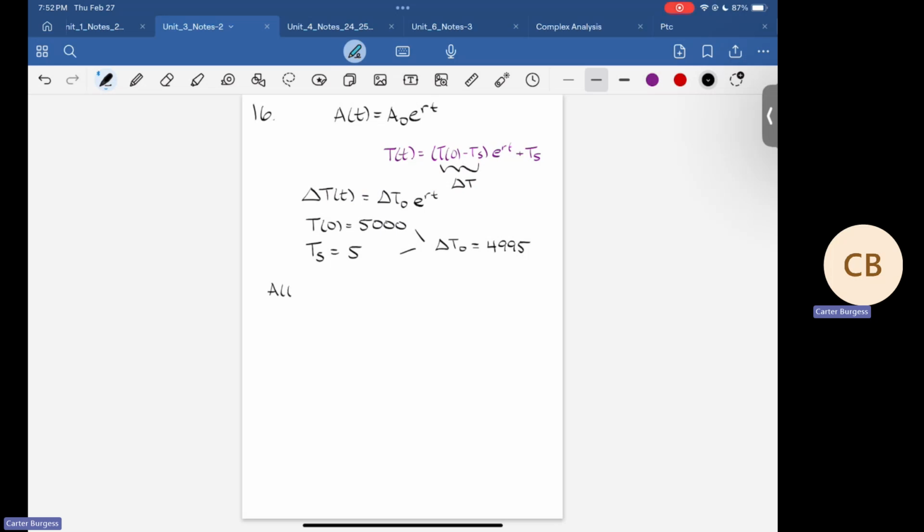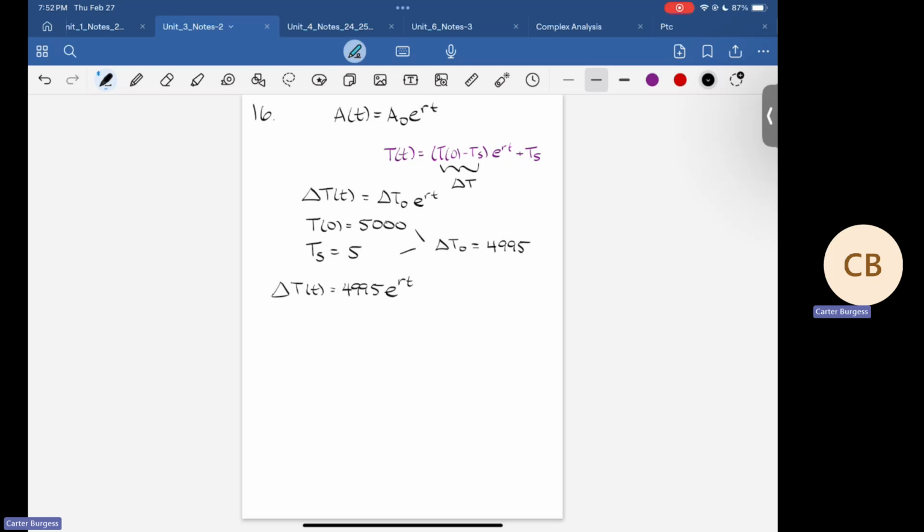We can start building up our equation. Let's use the things that I've written. So our difference in temperature is equal to this 4995 times e to the rt. What we're given is that when we place the knife in this freezer for 3 hours, it cools down to 500 degrees.